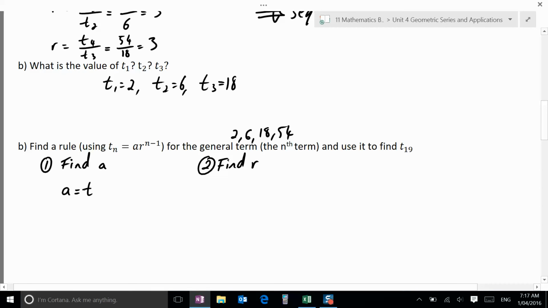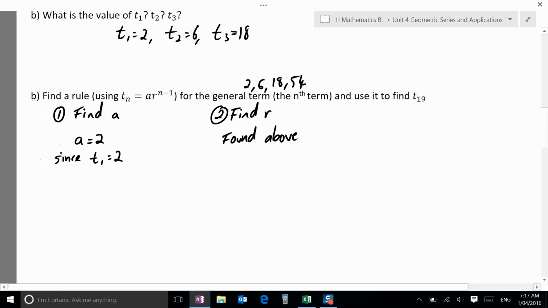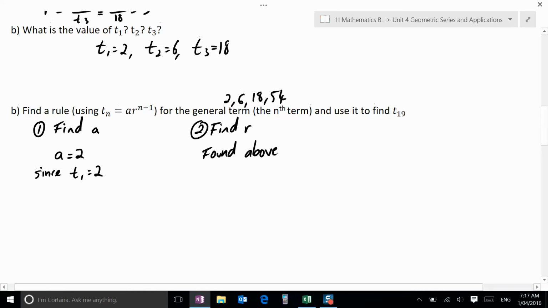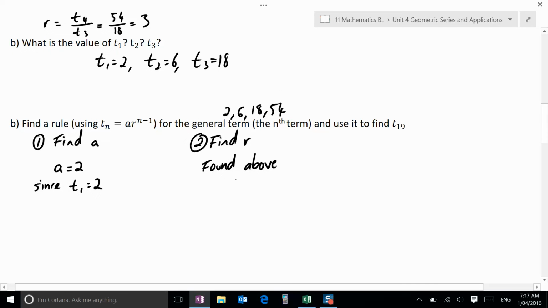A is just the first term, which I know is 2. A equals 2, since T1 is 2. Find R, I've already found it above. I know that R equals 3.